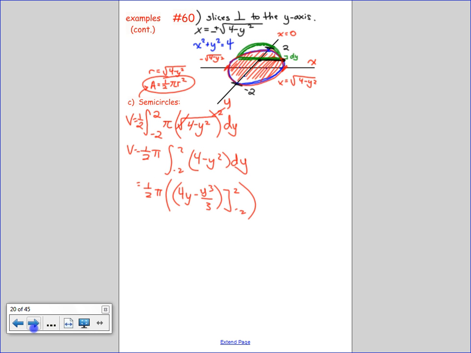So then I plug in and I have 1/2 pi times 8 minus 8/3, minus negative 8, plus 8/3, which distributing my negative, I get 8 plus 8 is 16, and negative negative would be this.